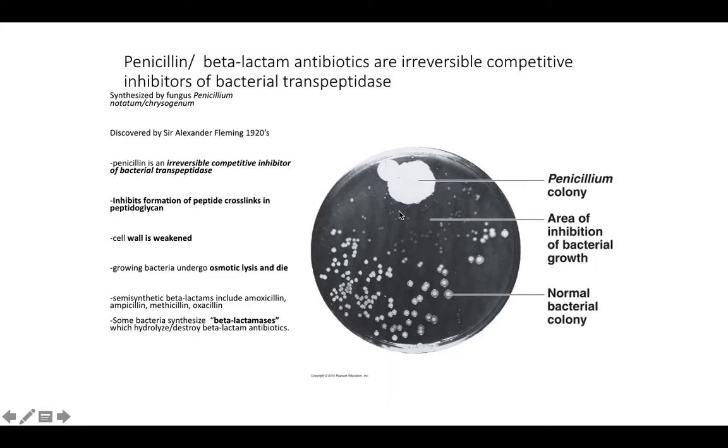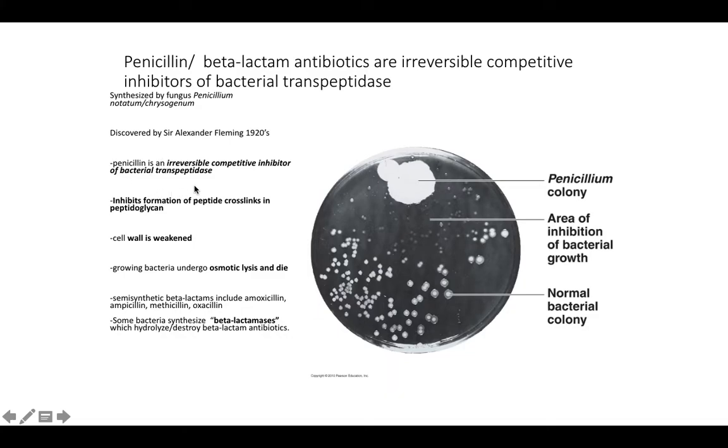And after a lot of work by many different people, the molecule was discovered to be the first antibiotic discovered, penicillin, right? And the reason we talked a lot about this is that we now know that penicillin acts as an irreversible competitive inhibitor of bacterial transpeptidase.